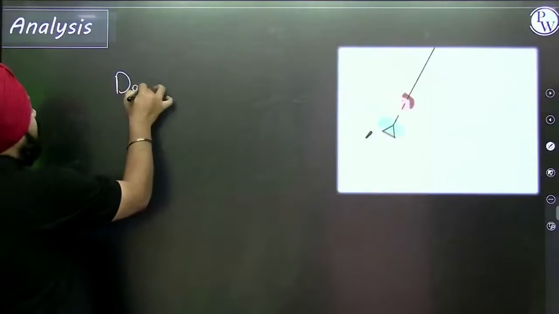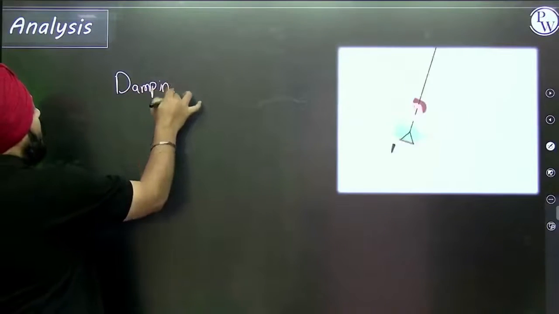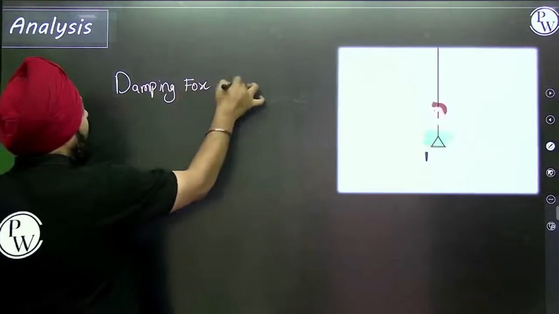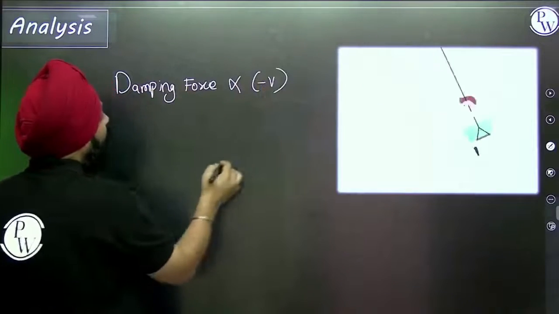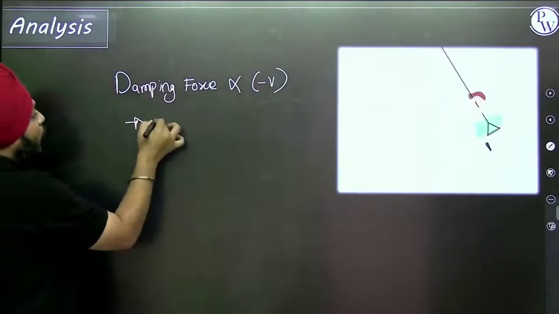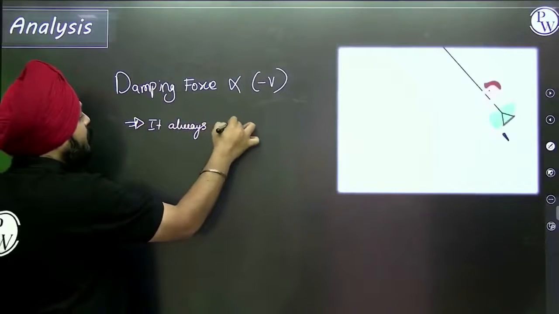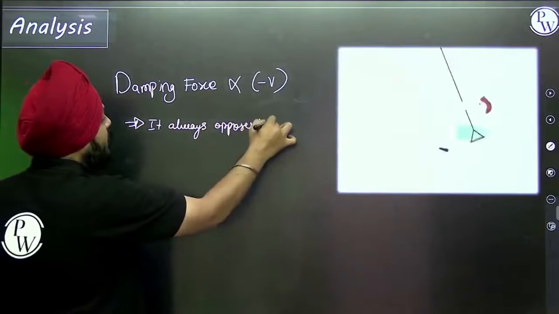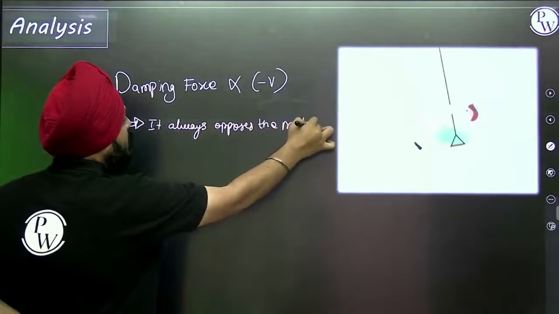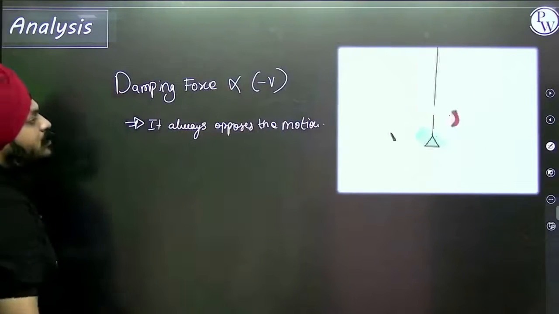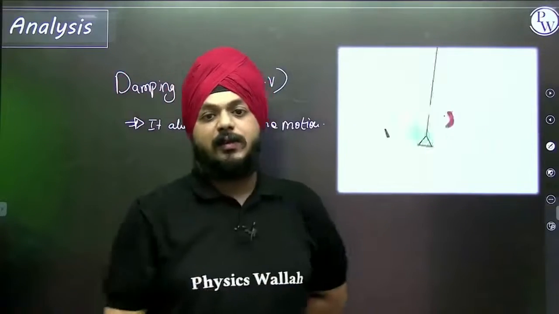Damping force is always directly proportional to the negative of the velocity. Why? It always opposes the motion and tries to stop the SHM.